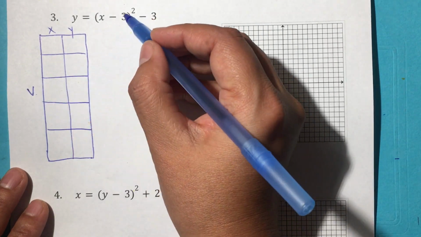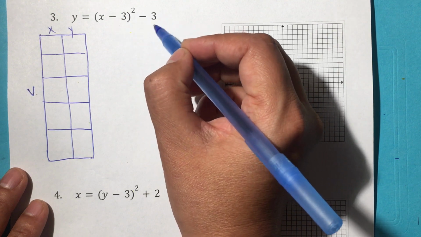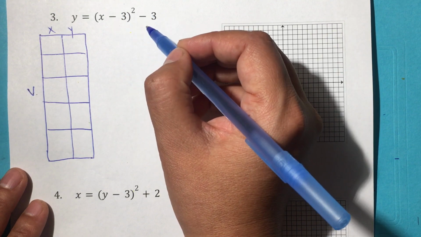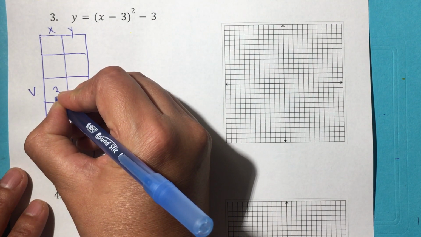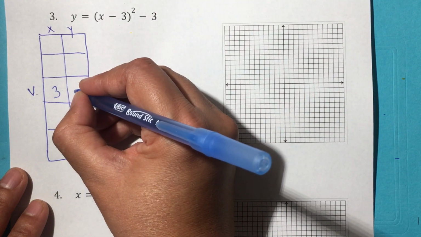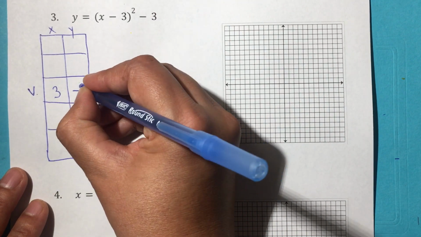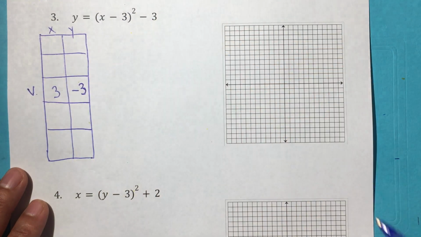The vertex will always be the opposite of x and exactly the way it is in y. So it's going to be positive 3, but for y it stays the same and it's negative 3. Okay, only opposite when we have the parentheses.